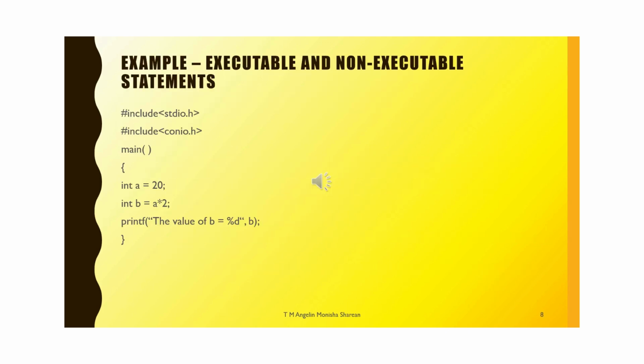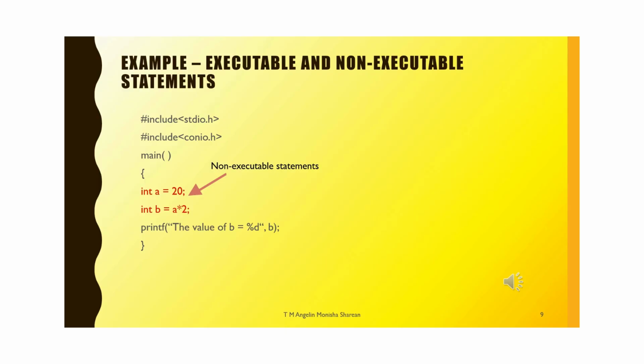This is an example showing both executable and non-executable statements. In detail, we can see what the executable statements are and what the non-executable statements are. In this program, I have highlighted the non-executable statements, which are the declaration statements.